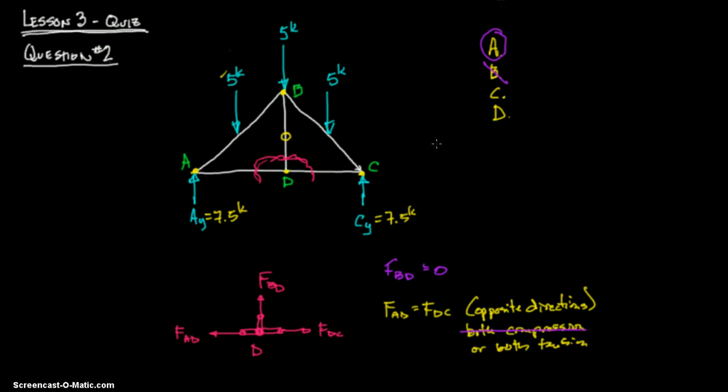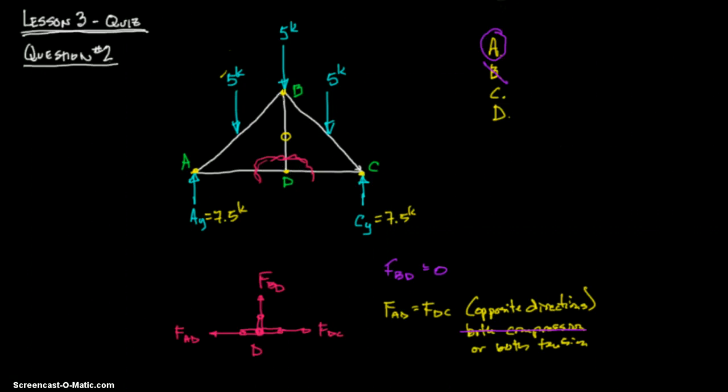The force in members AD and DC is 0, and members AB and BC are in compression. I'm assuming that those are in compression. AB and BC are in compression, but I do not think that AD and DC will be 0. Those will be positive.